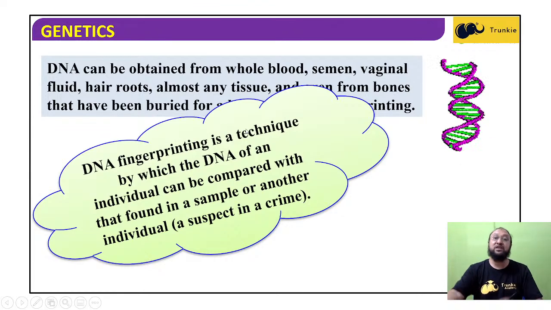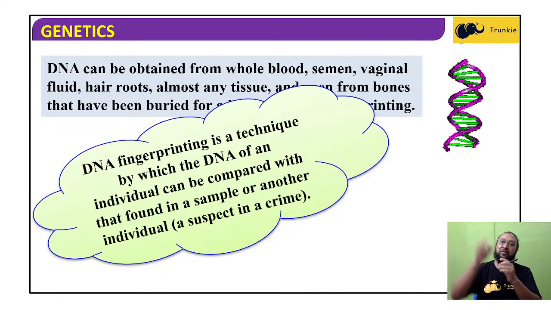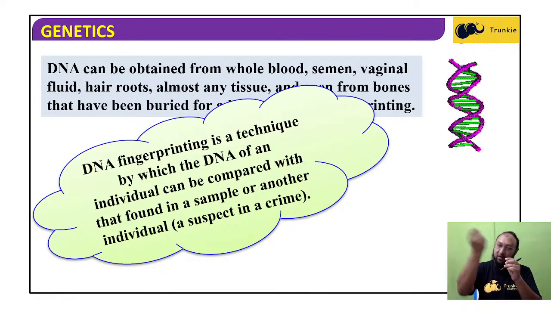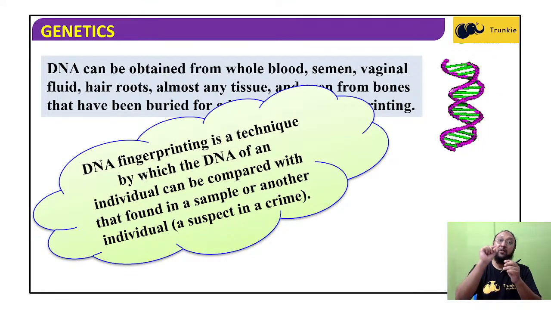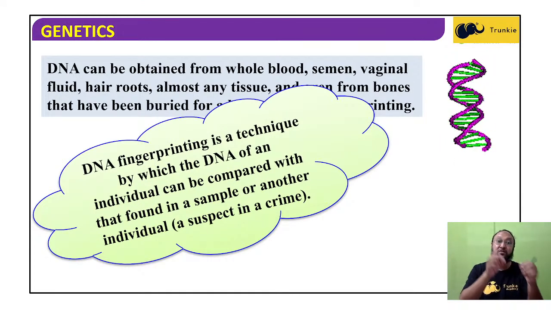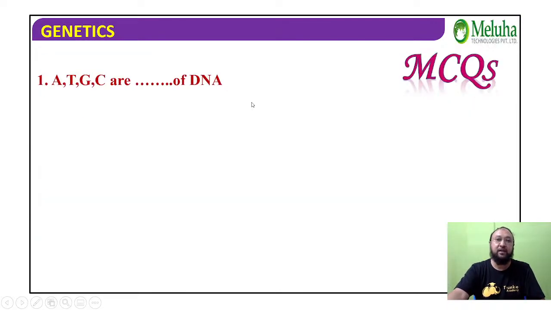So we need to check with the suspect. We take a blood sample from the suspected person and match it with the blood found at the crime scene.